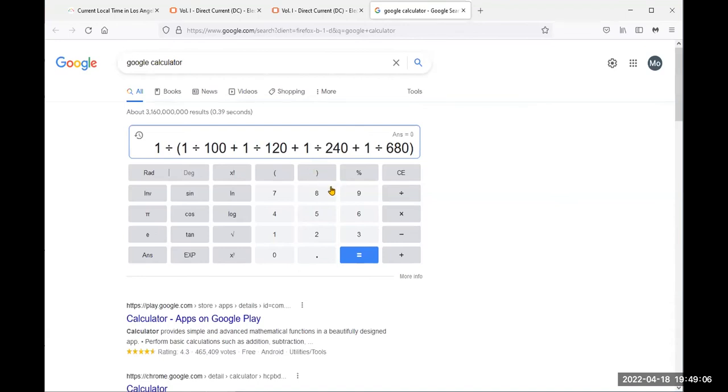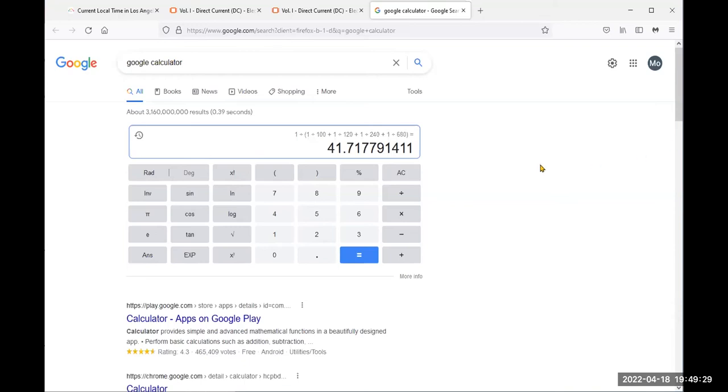So here is the expression we had on the PowerPoint. 1 divided by the whole thing, and the whole thing is the 4 reciprocal terms: 1 over 100 plus 1 divided by 120 plus 1 divided by 240 and then plus 1 over 680. Hit equal.